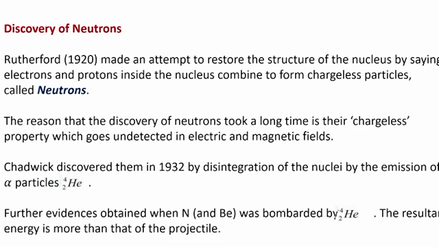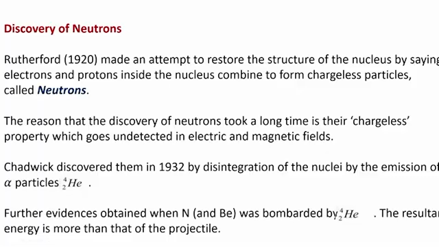You project something, a projectile, towards a target, and there is an emergent particle with some energy, and you expect that some energy would be dissipated because of the collision with whatever constituent atoms and nuclei. But instead of that, the outgoing energy is found to be much larger than the projectile energy, which means that there is some contribution of the nuclear energy that comes into the picture, and this is important to understand where this extra energy is coming from.